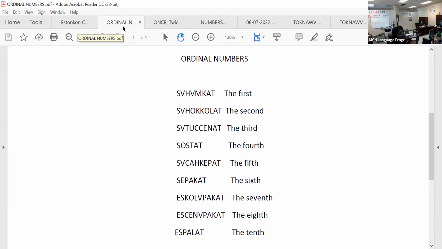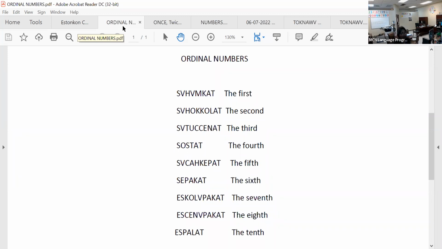The third, sadochinat. That's the third. Remember, the number 3 is dorchinen. We say sadochinat. The fourth, solstat. Number 4 is Austin, but when we're saying the fourth, solstat. The fifth, sajakibat.